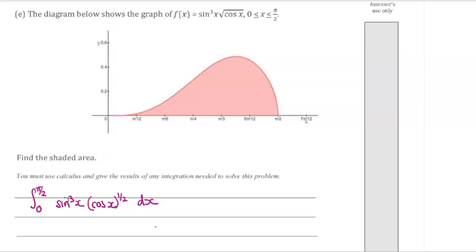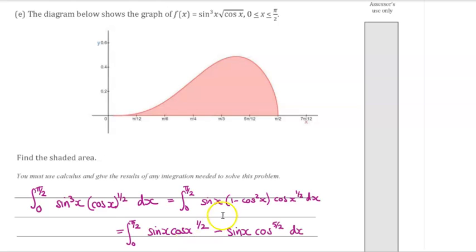We can't do an awful lot with them as they are. So we're trying to sort that out, and you can look at your formula sheet looking for trig rearrangements that you can do. So the first thing is if I take out a sine x, then sine cubed x would have left me with a sine x times a sine squared x. Sine squared I can rewrite as 1 minus cos squared, and then put back in the cos x to the half.